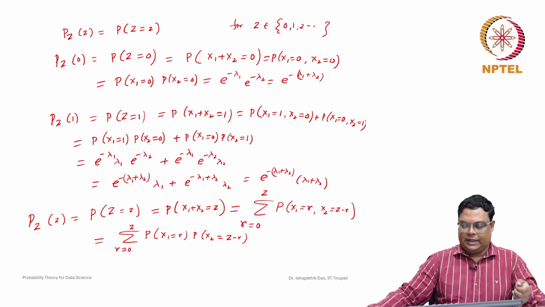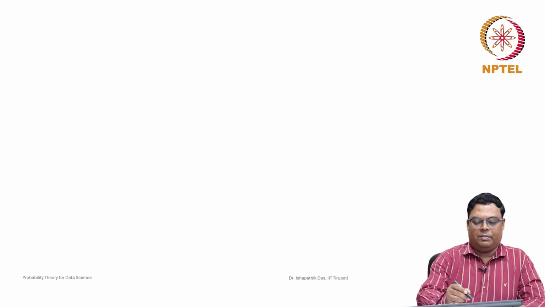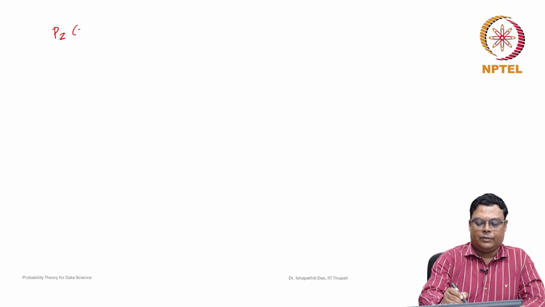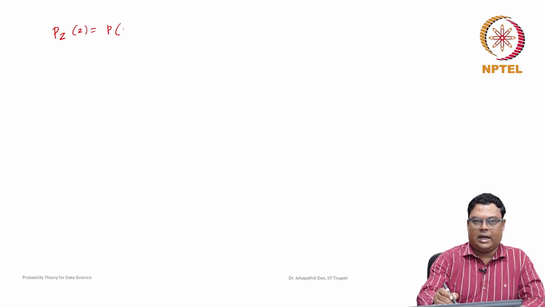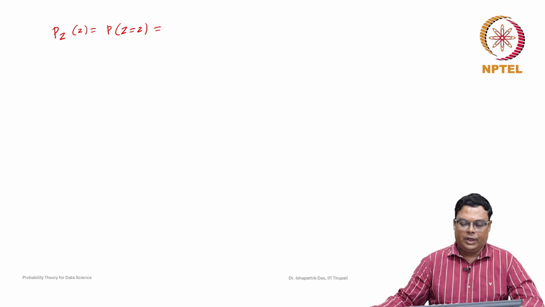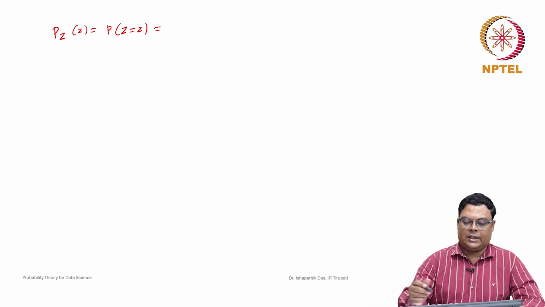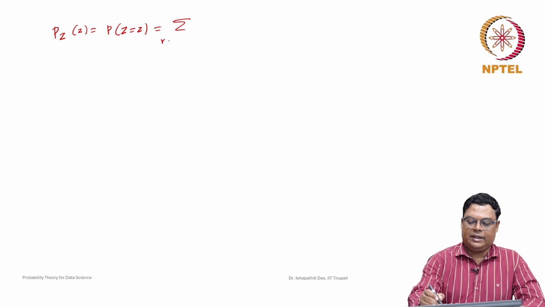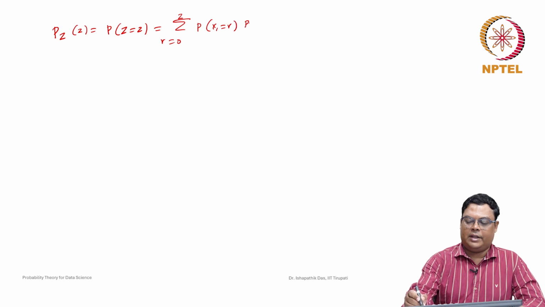So let us do it in the next page. So p of small z, what we found, this is the probability that Z is equal to z, which is equal to summation r is equal to 0 to z, probability that x1 is equal to r and probability that x2 is equal to z minus r.